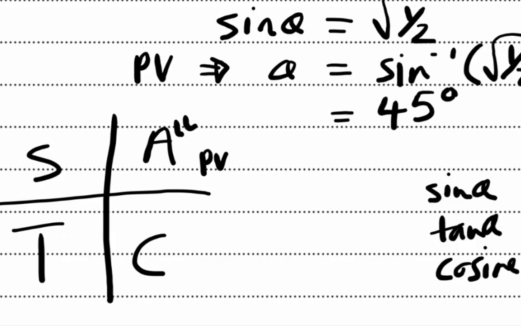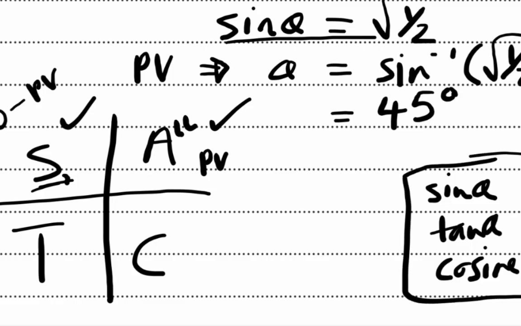So they are all positive in the first quadrant, and in the second it's only the sine. So this S stands for sine, and our answer would be 180 minus the principal value. So whenever we have a positive sign, for example sine theta being equal to a positive, we'll be considering the first and the second, because in the first quadrant all of these are positive, and in the second sine is positive.